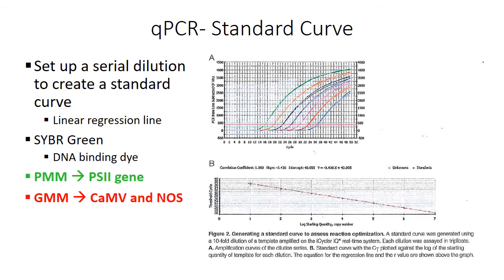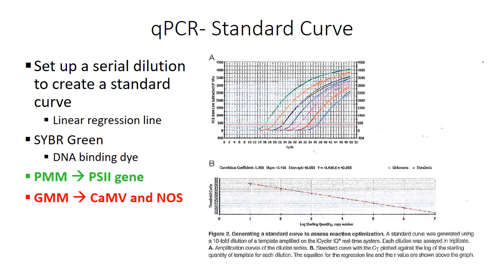And this, of course, will lead us to create a standard curve. The standard curve, which will be represented in a linear regression line, will allow us to follow the DNA as it's being amplified and recognize the particular DNA fragments that we would like to increase.